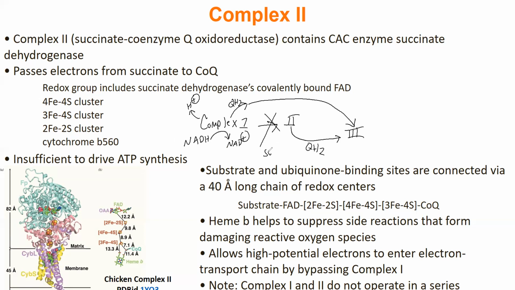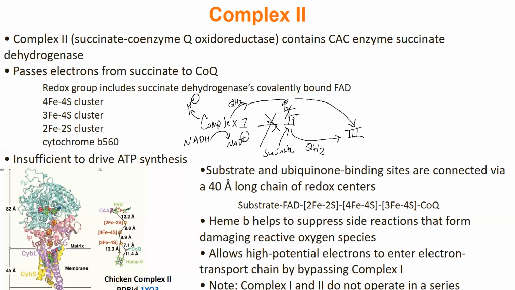Complex 2 is using succinate, which we saw in the citric acid cycle. So we're taking electrons from succinate. However, you cannot pump out hydrogens. There's not enough energy going from passing electrons from succinate to coenzyme Q to pump out hydrogens.